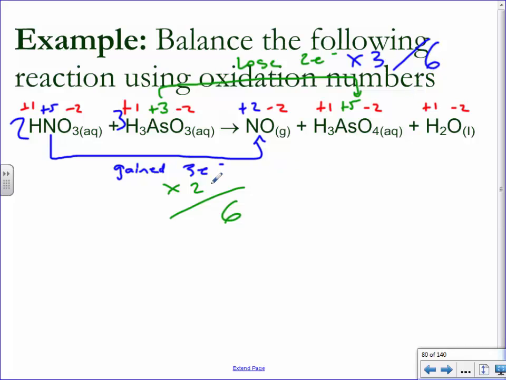Let's try it. I'm going to start by looking at nitrogen, because that's one of the more obscure things. There's 2 nitrogens right here, so let's put a 2 there to balance it. That covers your nitrogen. There's 3 As, what is that, arsenic? 3 arsenics right here. So I better put a 3 right here. That covers that.